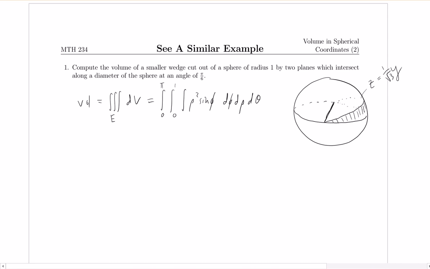But phi is a little trickier, because as you can see, the value of phi depends on the value of theta. As we rotate around from theta is 0 to theta is pi, the angle of elevation changes.